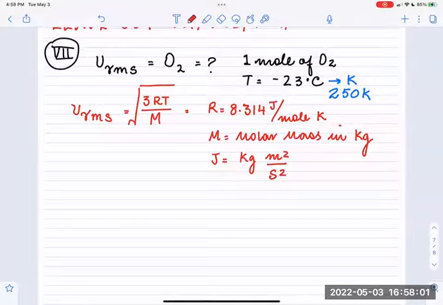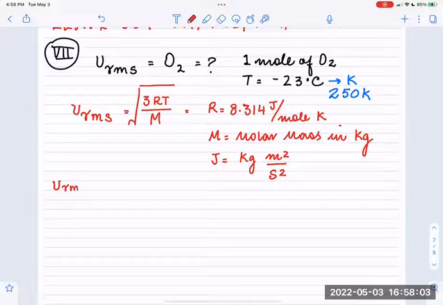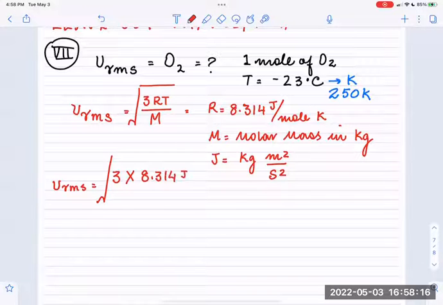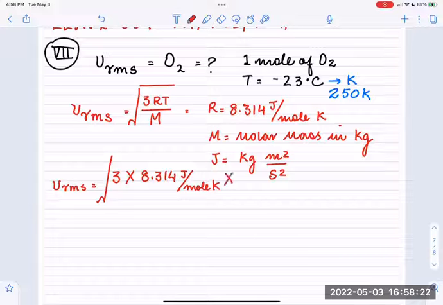All right, so URMS is equal to the square root of 3 times R, R is 8.314 joules over mole K, times the temperature 250 K, over the molar mass of oxygen.